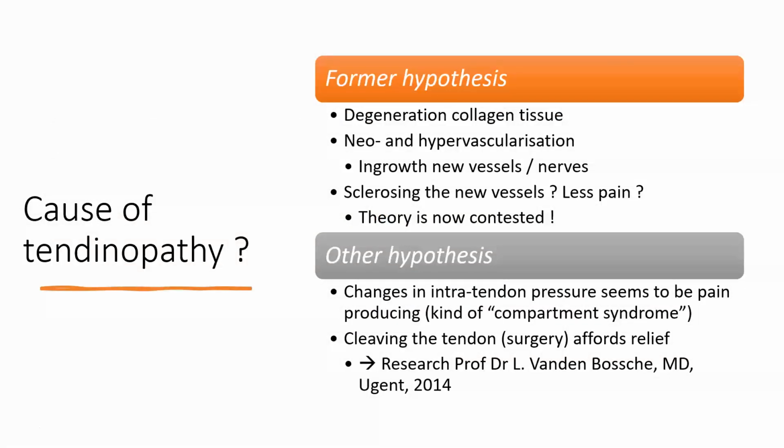Well, there's a lot of new research available about the actual insights on tendinopathy. And for your convenience, I made a separate chapter on this online platform on tendinopathy. So I refer you to this specific lecture. But at least I can also tell you that still today there is some controversy.